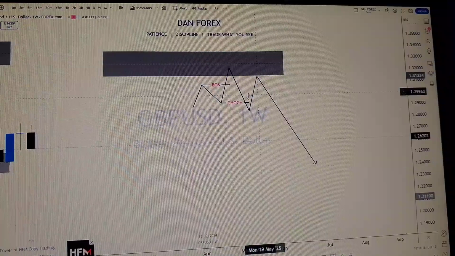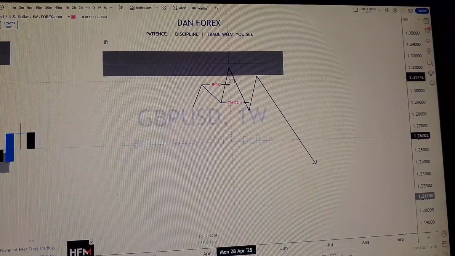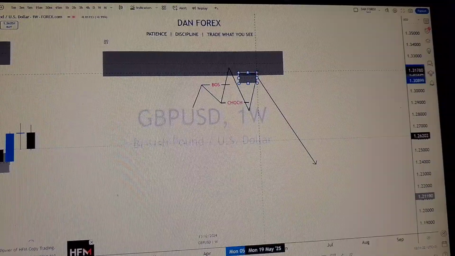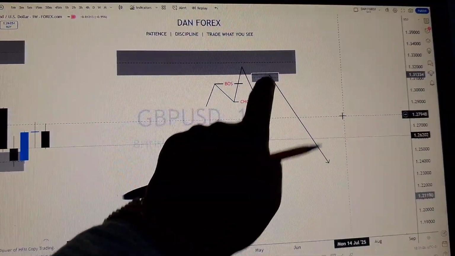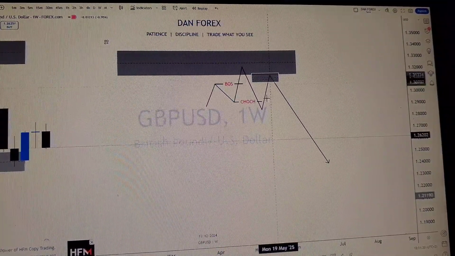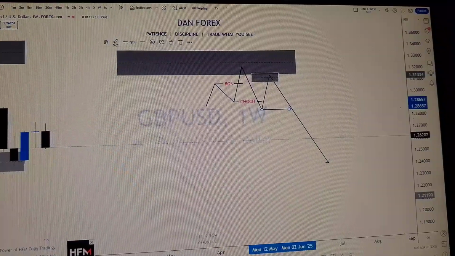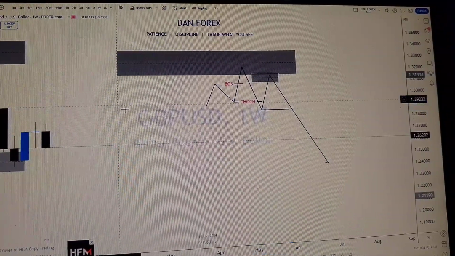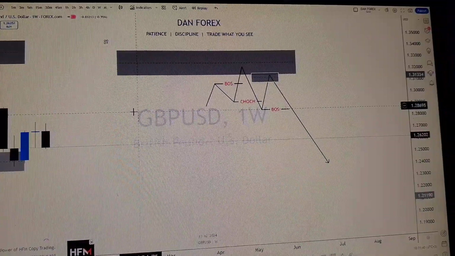So having that change of character, now you need to look for an area of interest like that. Market taps to that area of interest and drops. After tapping to that area of interest, you need to see this low being taken out to give you another breakout structure.